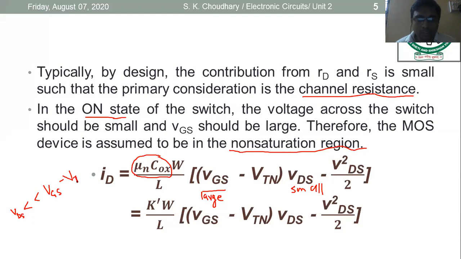If you assume like this, your transistor is biased in the deep region.